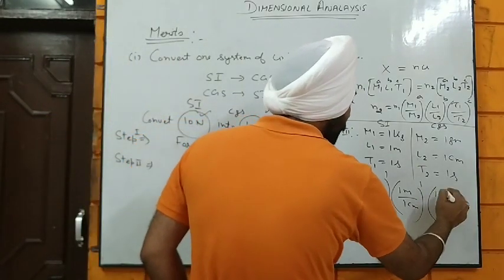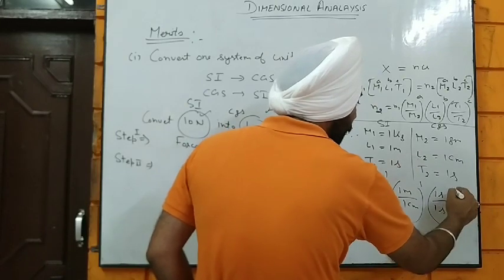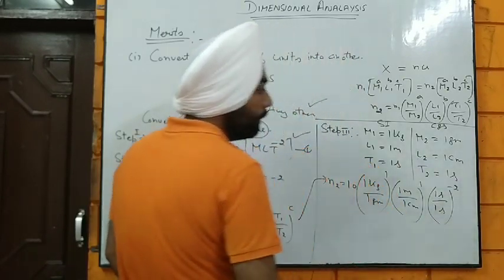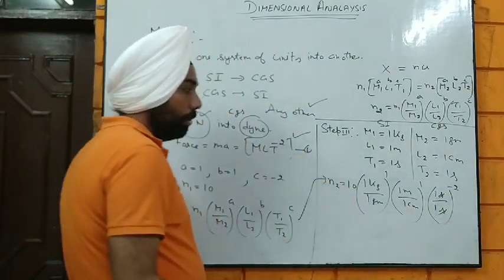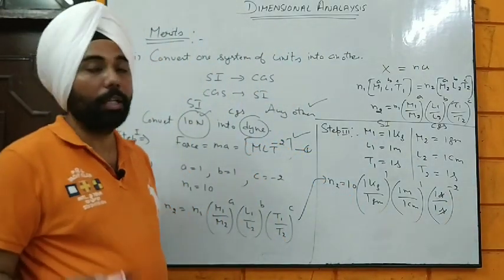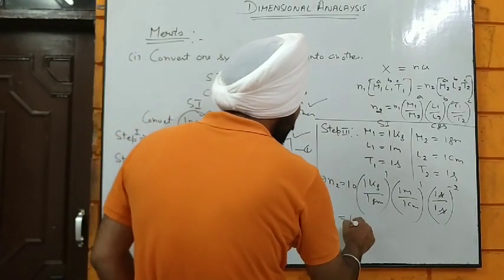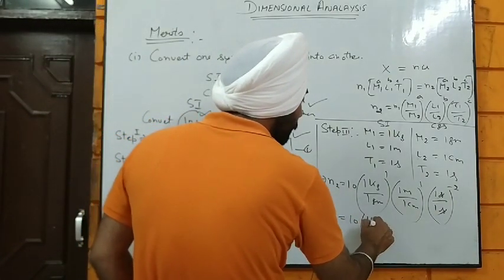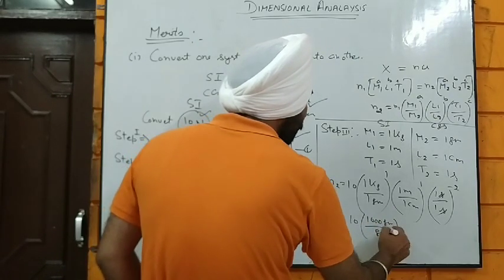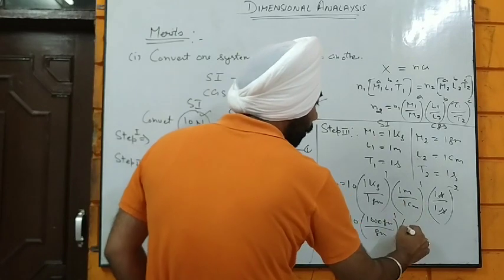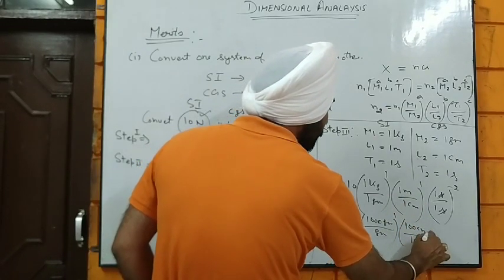And in both the systems SI and CGS, the unit for time is seconds. So 1 second over 1 second is cancelled out, because 1 raised to any power is equal to 1. Now we have to calculate this. Kilogram means 1000 gram over gram raised to power 1. Now 1 meter is 100 centimeter over 1 centimeter.